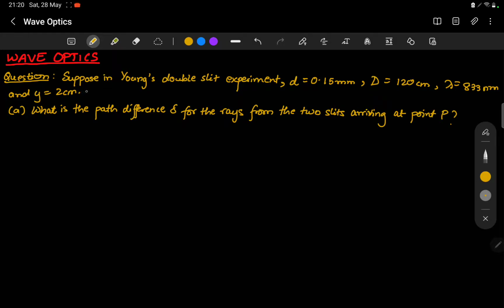So this y equal to 2 centimeters is basically the point P. Express the path difference in terms of lambda.